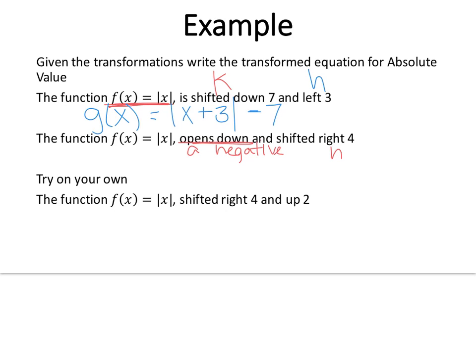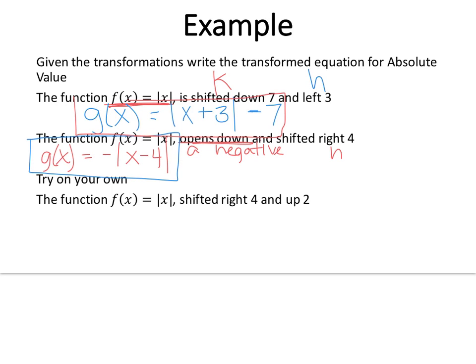It doesn't say anything about moving up or down, so I don't have any K value, so I don't need to write that. So for this one, I'm going to say g of x equals, I'm going to put a negative in front of the absolute value, and then if it's moving to the right 4, that's going to be x minus 4. And then again, it doesn't shift up or down at all, so that's my final answer.